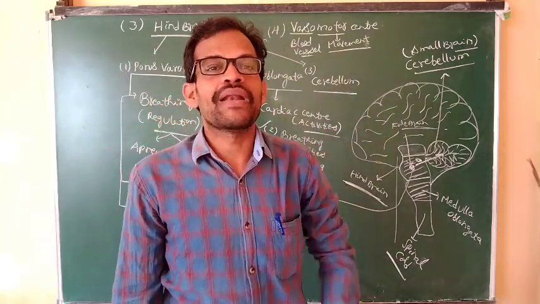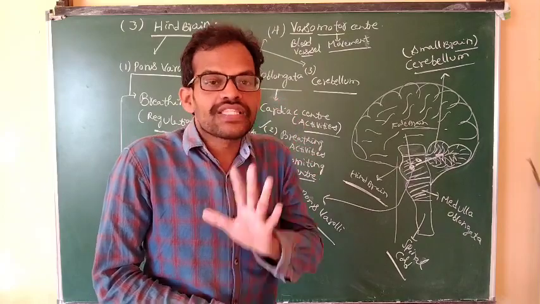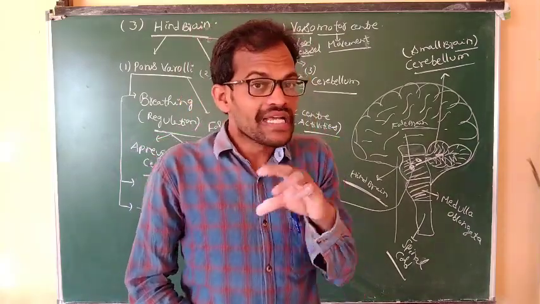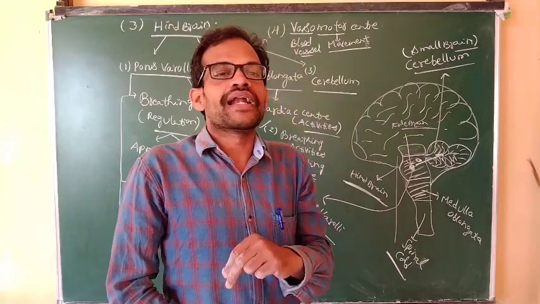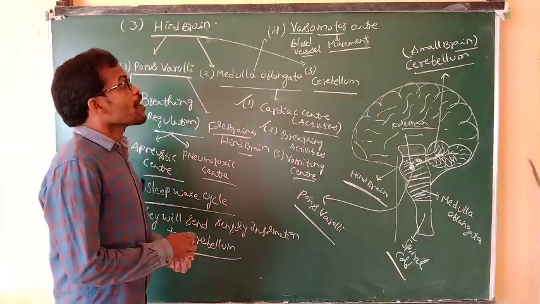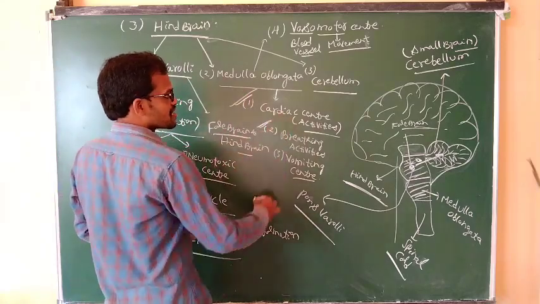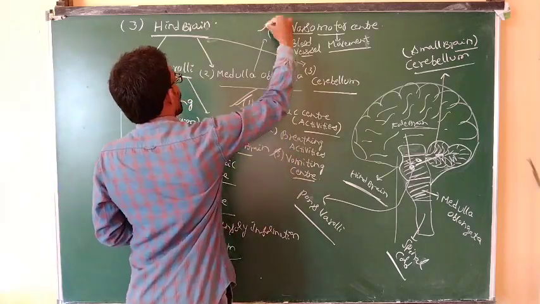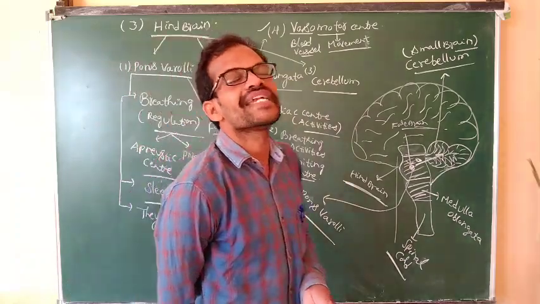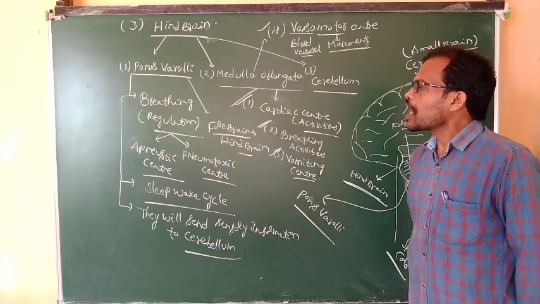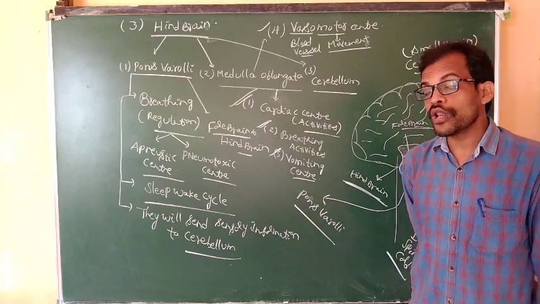The movement of the blood vessel, the constriction of the blood vessel, because of blood pressure. This movement is also controlled by the medulla oblongata. Cardiac activities, breathing activities, vomiting activities, and vasomotor blood vessel movement are all controlled by the medulla oblongata.